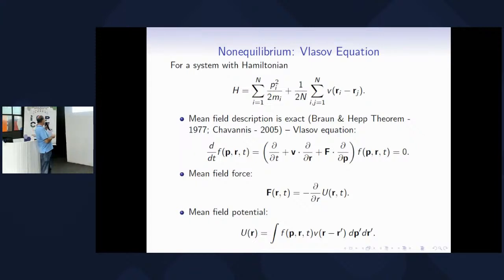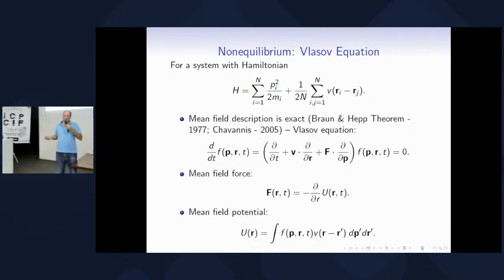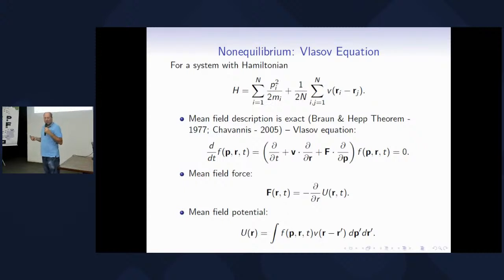Then its total derivative is 0, which is given by that. F is the mean field force, which is minus the gradient of the mean field potential. The mean field potential is simply the average of the interparticle potential done using the one particle distribution function. Then it is a nonlinear integro-differential equation, which is, of course, very complicated to solve, even numerically.